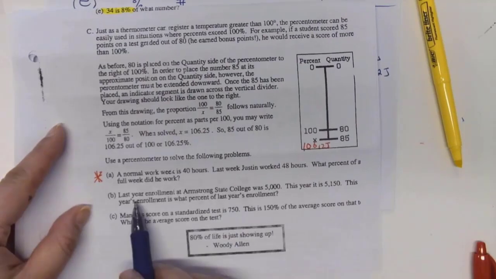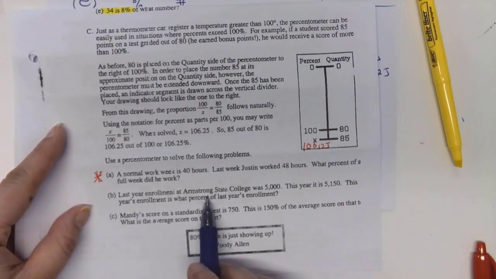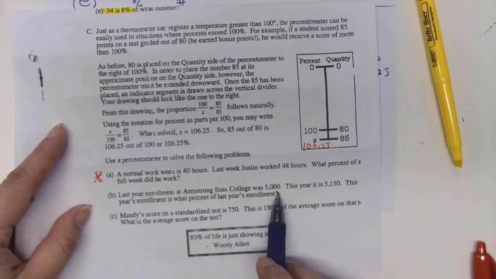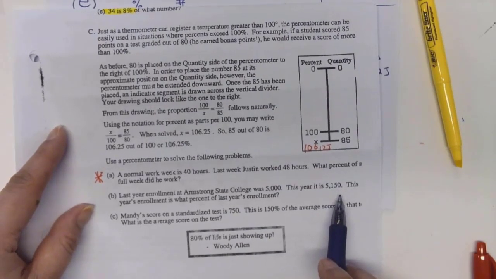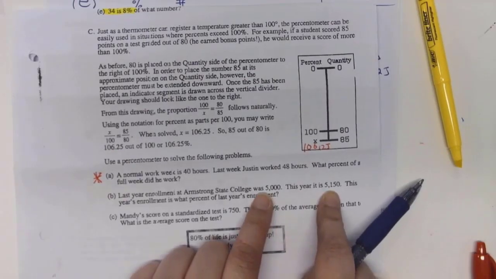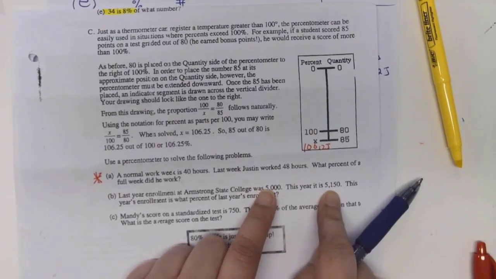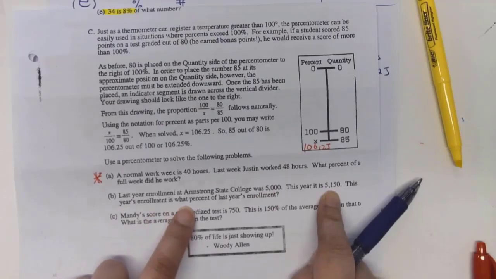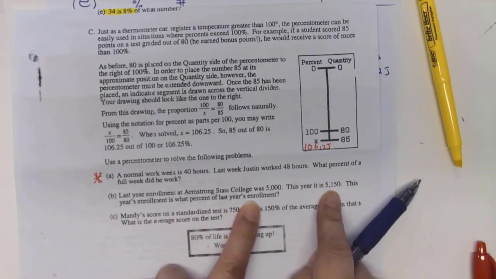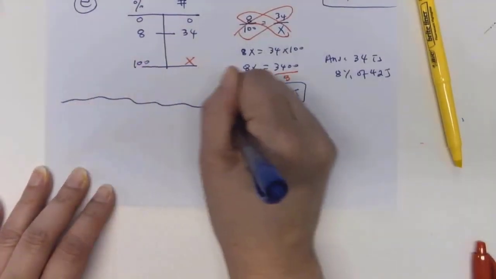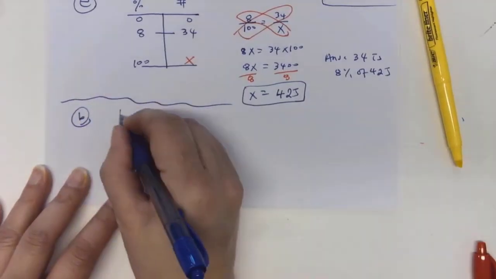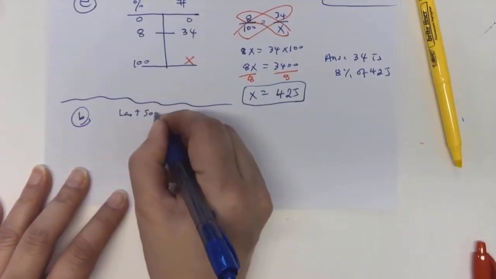B says, last year the enrollment at this college was 5,000 and this year is 5,150. So I can see it's more than last year, right? If I count that as 100%, then this year's enrollment would be what percent of last year's enrollment? Can you go ahead and help me set that up, please? For the B part at the bottom, last year we have 5,000.